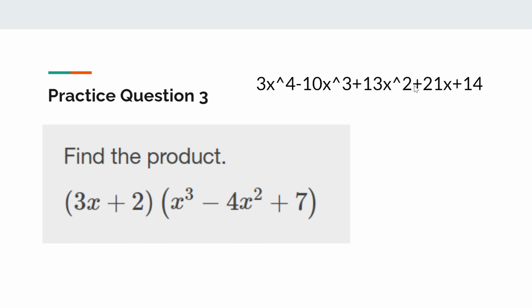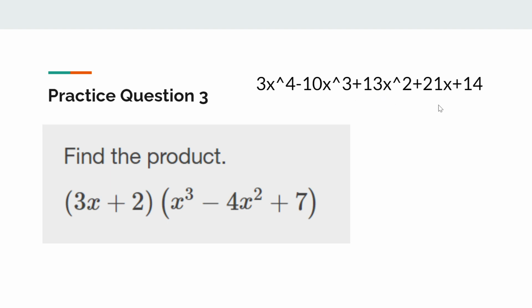And then for the x squared terms, we get 21x squared, and also for this one we get negative 8x squared. So when we subtract 8 from 21, we get 13, so 13x squared.